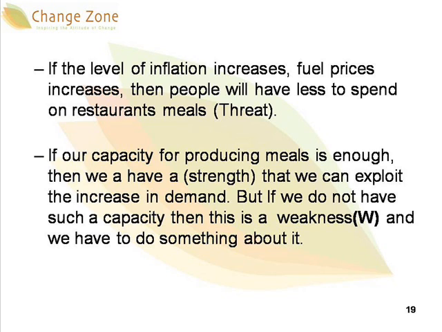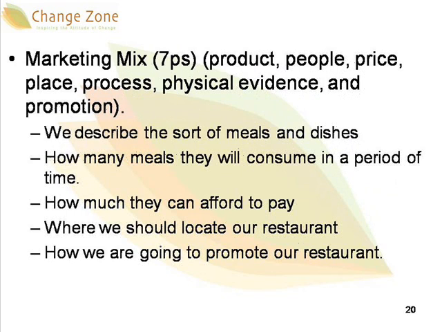If our capacity for producing meals is enough, then we have a strength that we can exploit the increase in demand. If we don't have such a capacity, then this is a weakness and we have to do something about it. We design our marketing mix, the 7 P's: product, people, price, place, process, physical evidence, and promotion.